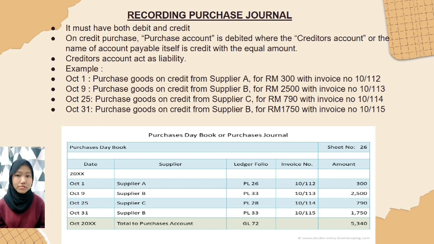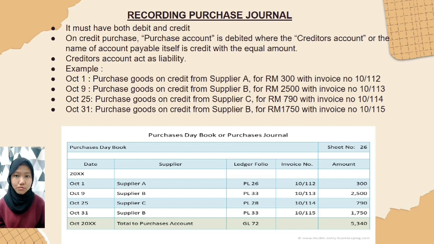The example transactions that I put in here: 1st October, purchase goods on credit from supplier A for RM300 with invoice number 10/112. 9 October, purchase goods on credit from supplier B for RM2,500 with invoice number 10/113. 25 October, purchase goods on credit from supplier C for RM790 with invoice number 10/114.